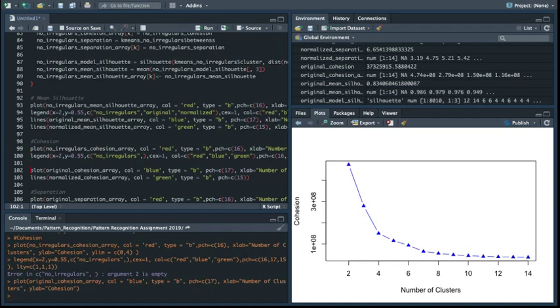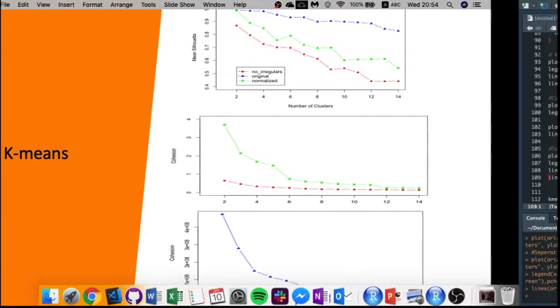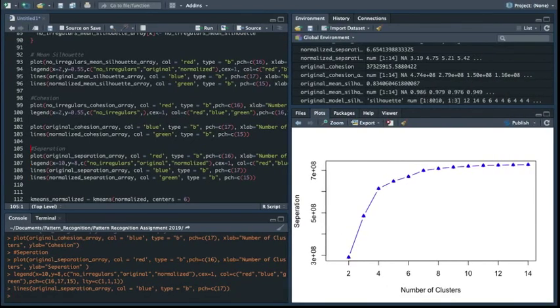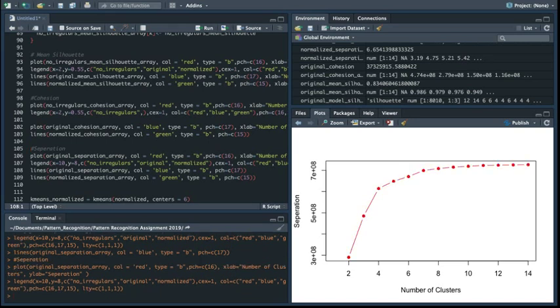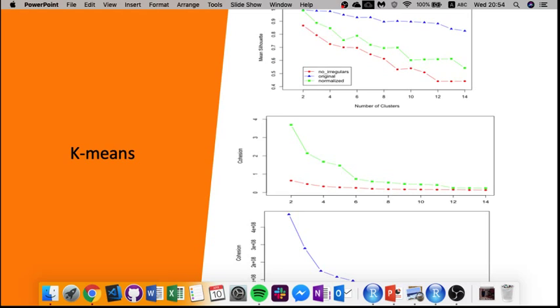Okay, the separation. We haven't seen the separation yet, so let's show it now. It's just the opposite of the cohesion: how far the points are from each other. What we are trying to find here is how many clusters we are going to use in order to implement this algorithm.